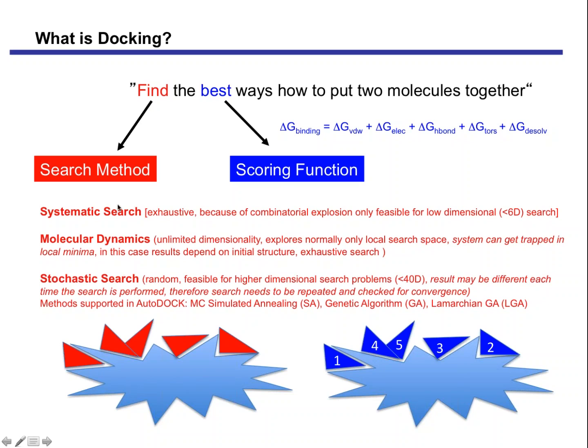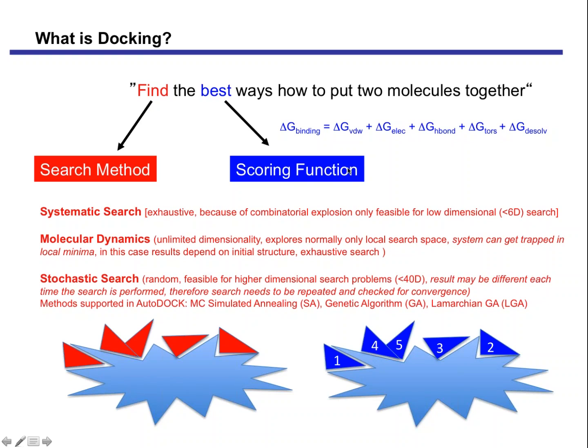There are several methods that have been used for searching conformational space. Typically used in docking is stochastic search. FlexX has a slightly different approach; it's a build-up method.